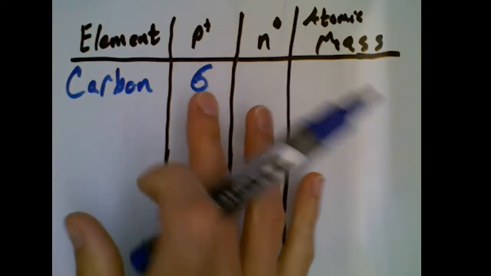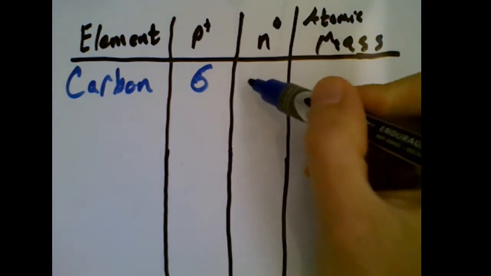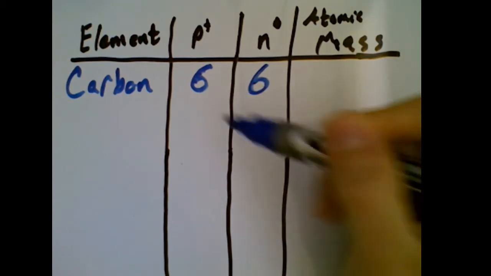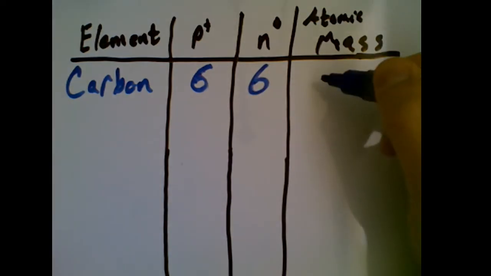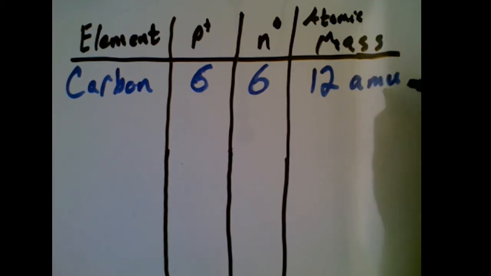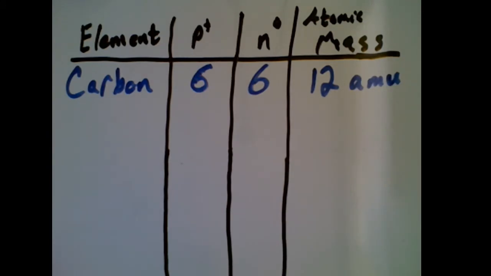Whatever the element is, its protons aren't going to change. But you can have carbon with 6 neutrons. So 6 protons, 6 neutrons. The atomic mass is going to be those two added together. So it is going to be 12 atomic mass units. And so this would be one version of carbon.